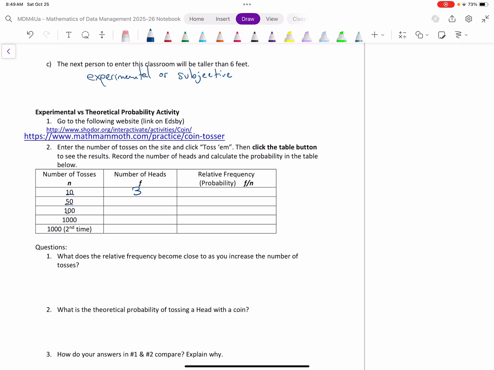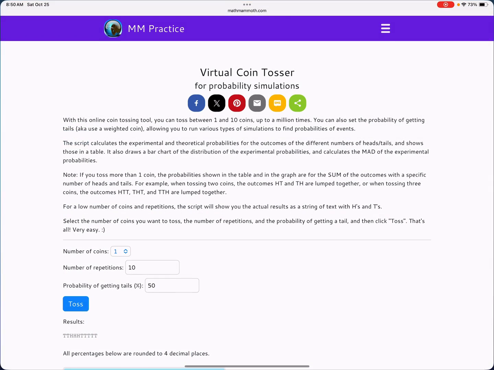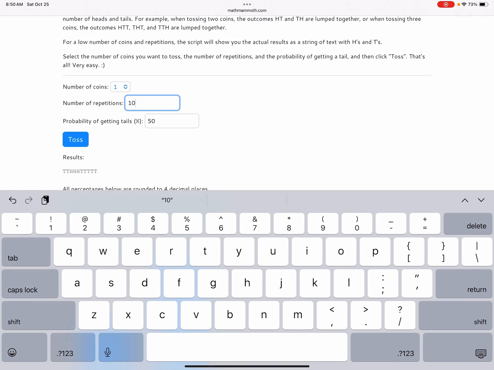Relative frequency is just the frequency divided by n, which is the number of trials in this case. So I get 3 out of 10. I'm going to convert this into a decimal because we're going to compare these each time to each other. So this is nice and easy, that's why I picked these numbers. So 3 divided by 10 gives me 0.3. So let's go back and do it for 50 times. So I'll increase this.